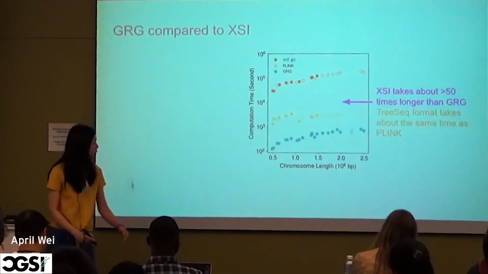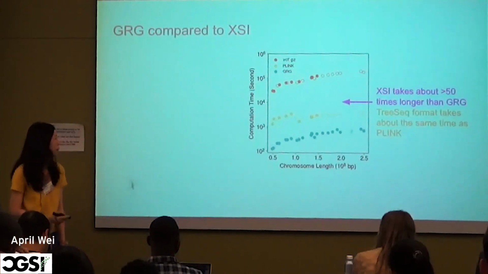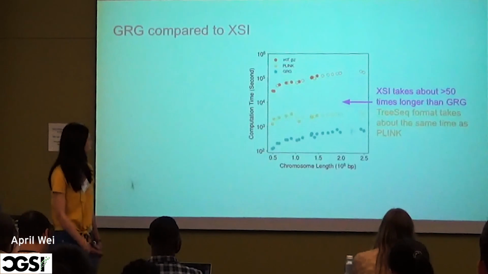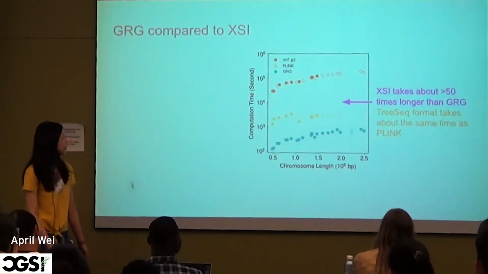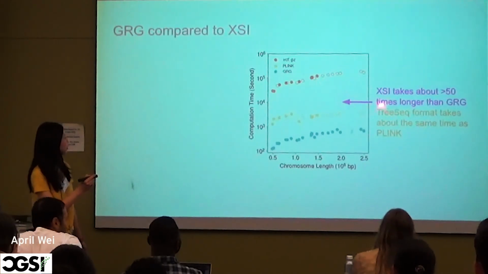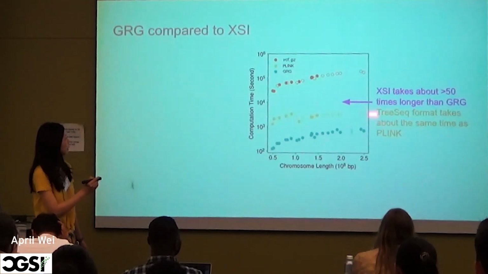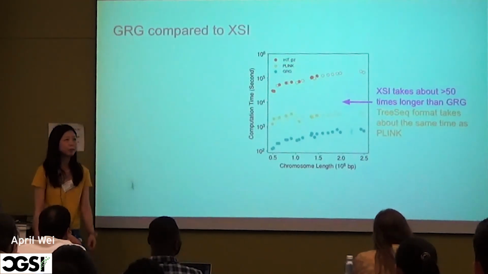Also, just very recently, like last week and yesterday, we benchmarked with XSI and tree sequence. We have very few data points here, but XSI takes about 50 times longer to compute allele frequency compared to GRG. And tree sequence is about the same time as Plink, roughly speaking, maybe a tiny bit faster.